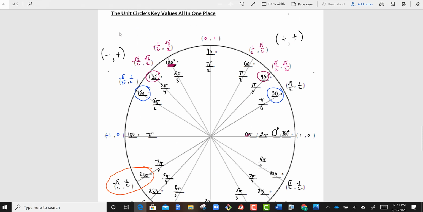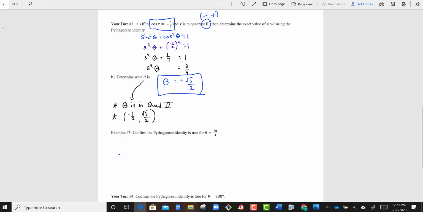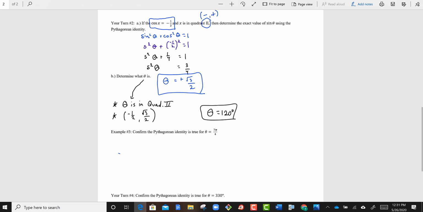So I'm looking in quadrant 2, and there it is. 120 degrees has that ordered pair. So theta is equivalent to 120. Now, I should say in this last problem, it's not just theta, but it's sine of theta.